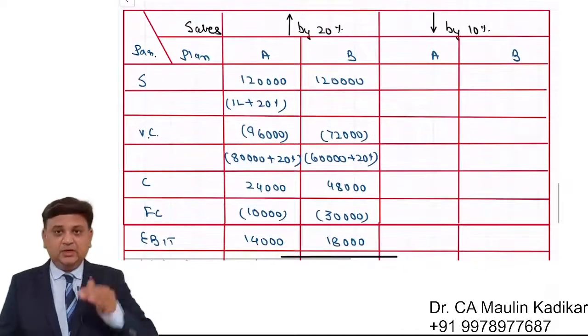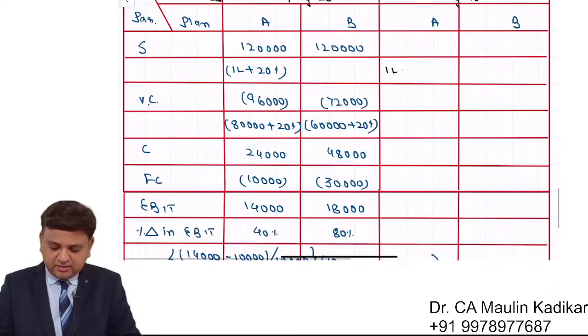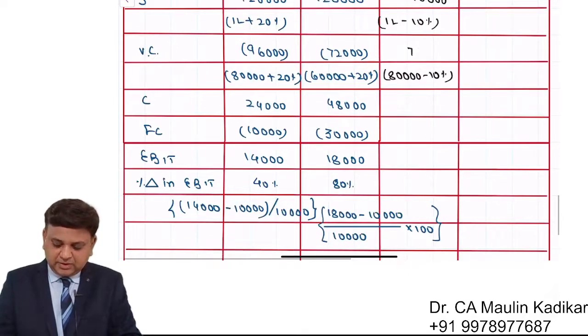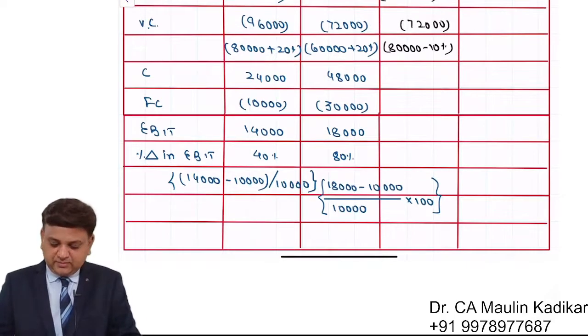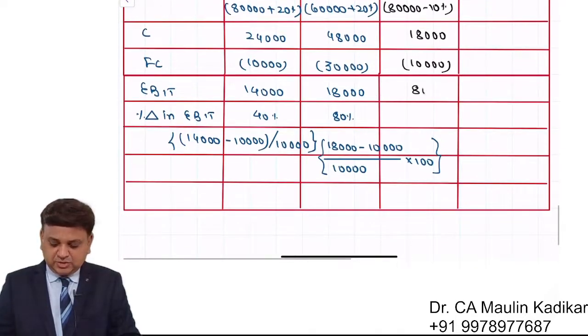Now if there is a fall in the sales by 10 percent, what will happen? In that case, it is 1 lakh minus 10 percent. That comes to 90,000. Then it is 80,000 minus 10 percent. That comes to 72,000. So contribution will be the difference of both of them, that is 18,000. No change in the fixed cost. It is 10,000. Operating income will be 8,000.